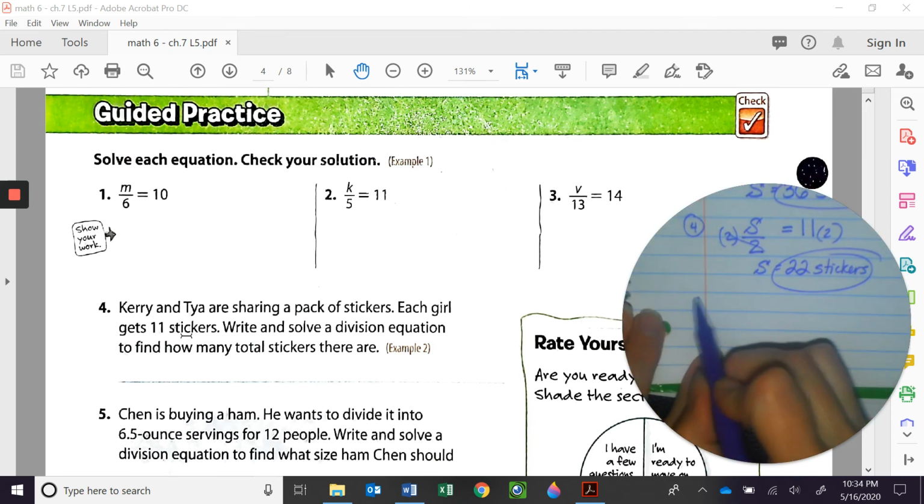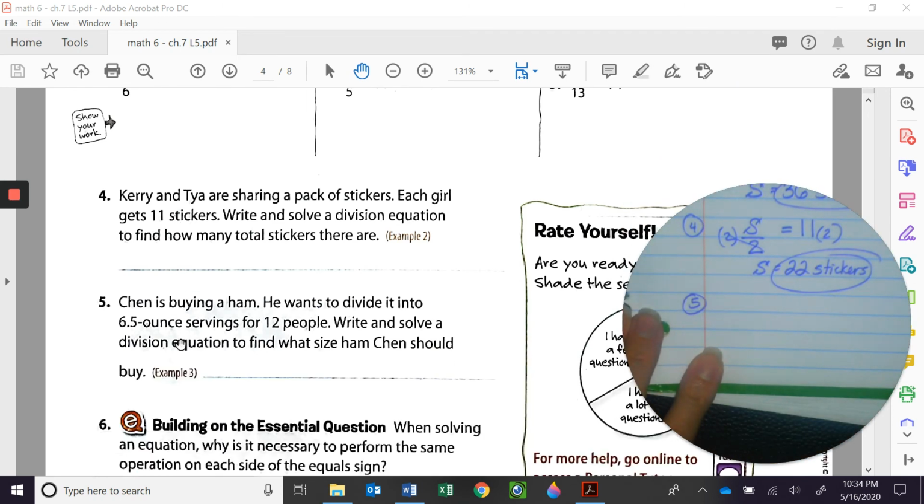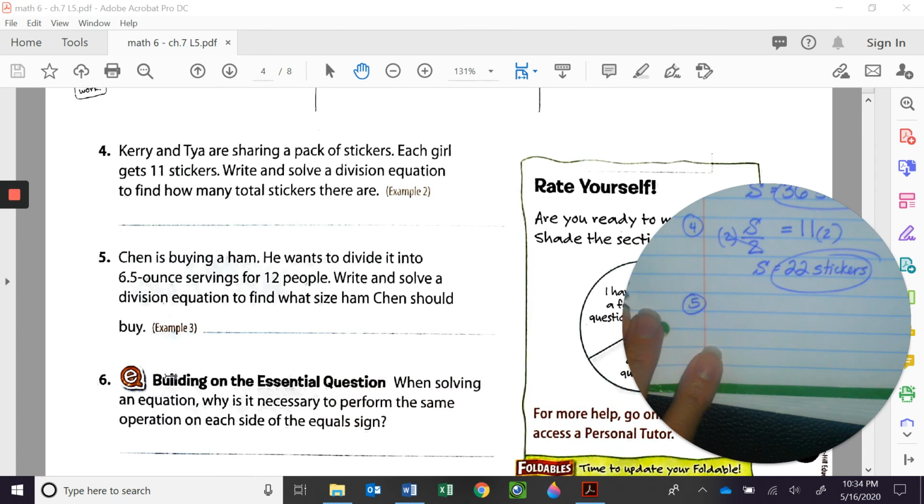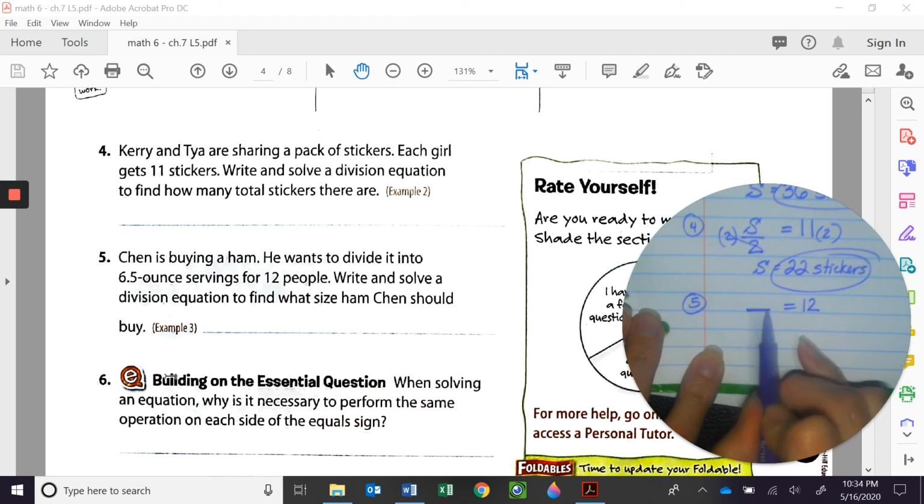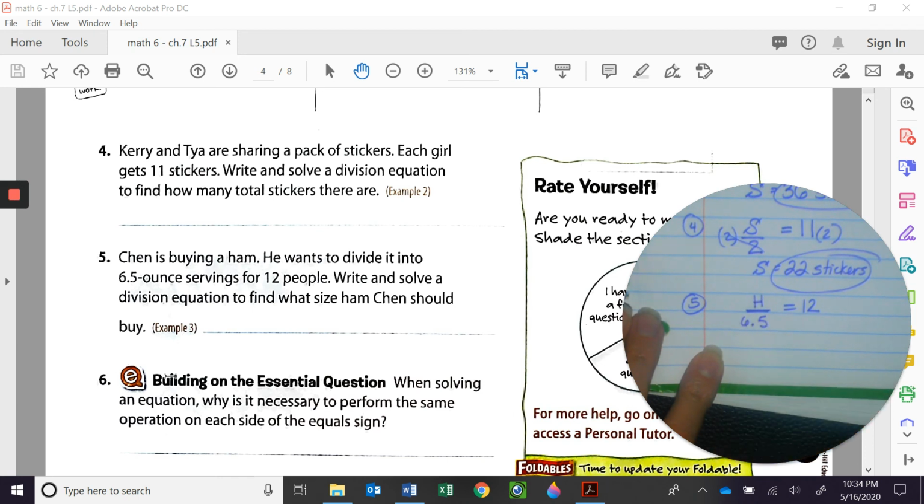Let's look at number 5. Chen is buying a ham. He wants to divide it into 6.5 ounce servings for 12 people. Write and solve a division equation to find out how big the ham needs to be. So we need to serve 12 people, and he wants to divide the ham into 6.5 ounces.